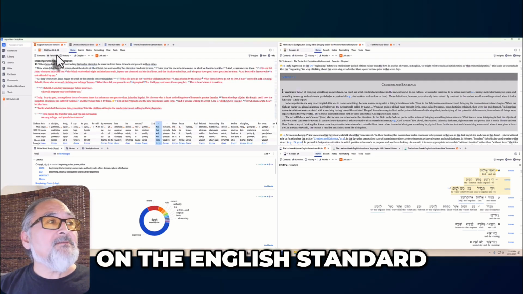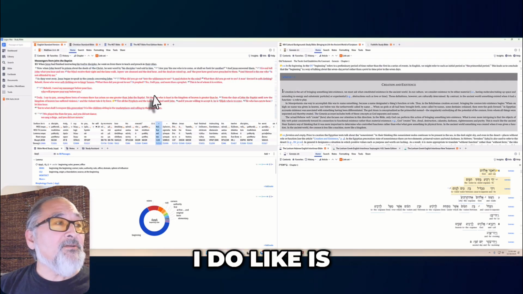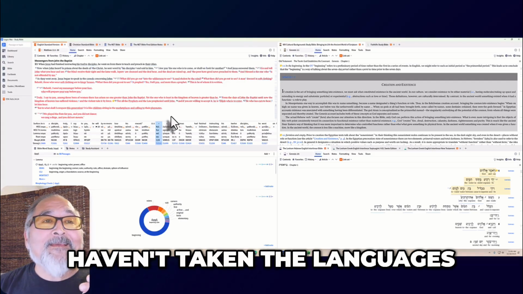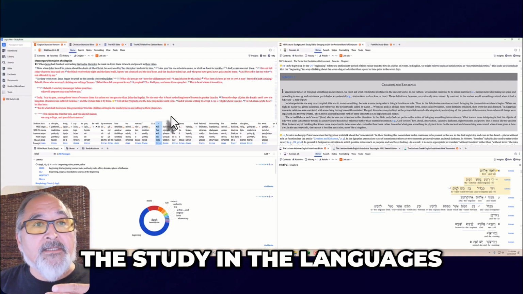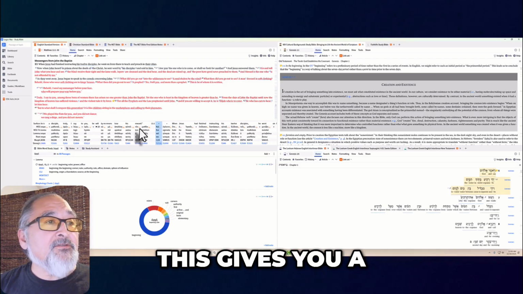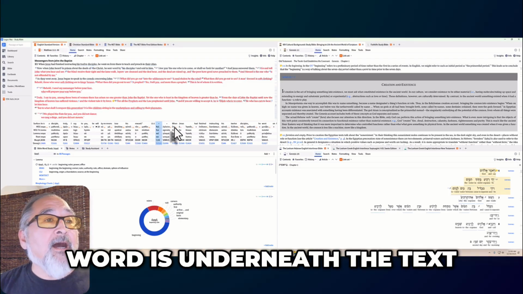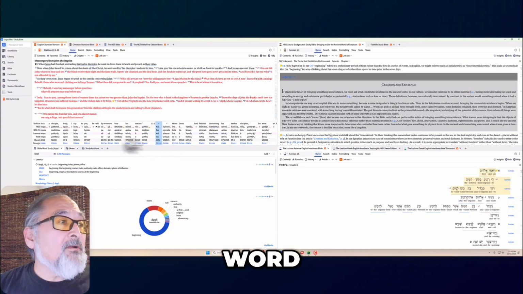On the English Standard Version, one of the things I do like is when you're doing word studies, especially if you haven't taken the languages, this gives you a good view of what the Greek or Hebrew word is underneath the text, some information about the word.